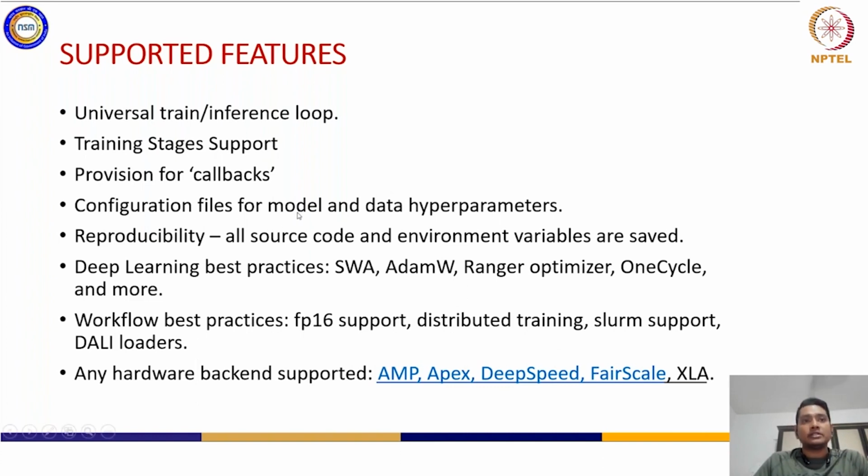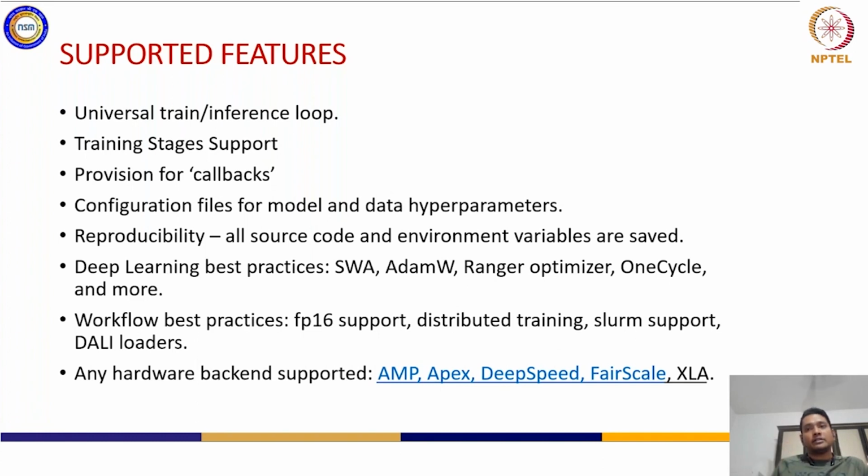Configuration files for models will help to have wide reproducibility. If you maintain a config file for your hyperparameters, you do not need to change anything inside your training model. You just change the config file, and you have a completely different configuration for your training without many changes.